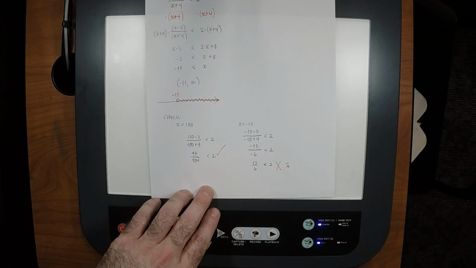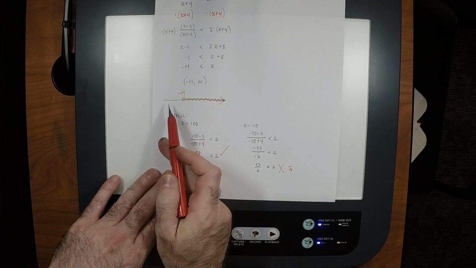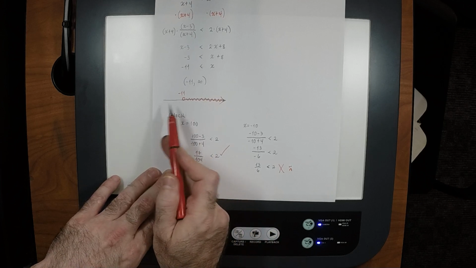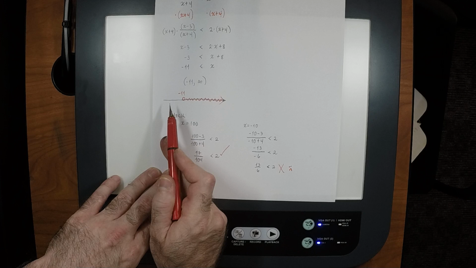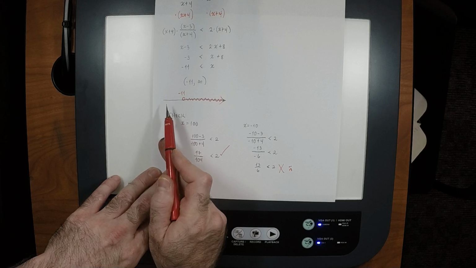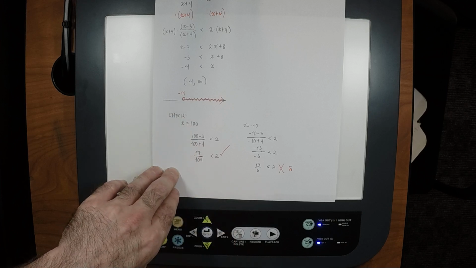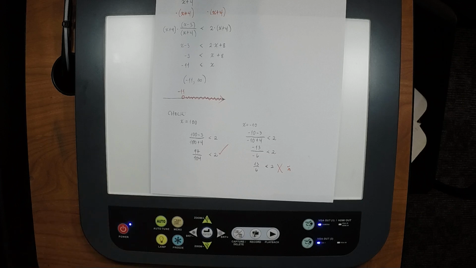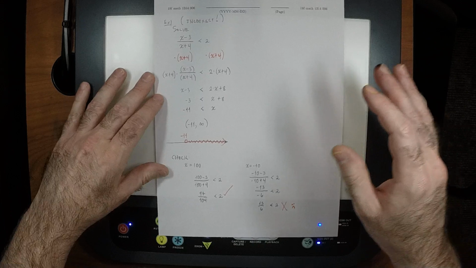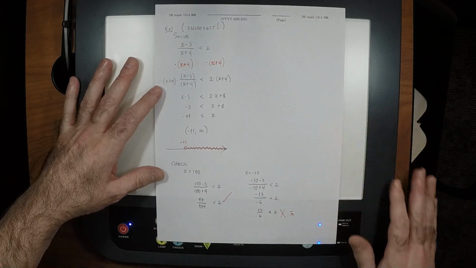Okay. And what if we plug in, I won't take the time to do it, but we expect the inequality to be false over here. But if you plug in a point over here, in fact, the inequality is going to be true. Stuff went really bad. So what happened? Where does the mistake come?